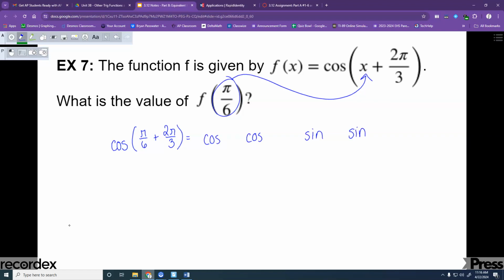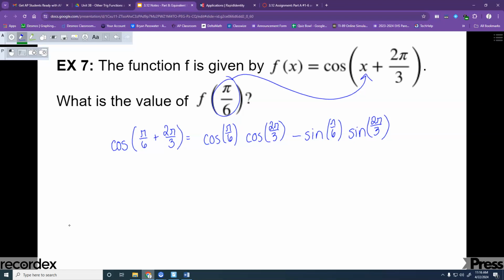Don't forget to change the sign, which means we got a plus here. We want to put a minus right here. And then you'll always go in the order of the fractions there. So you got pi over 6, 2 pi over 3, pi over 6, 2 pi over 3. Like that.